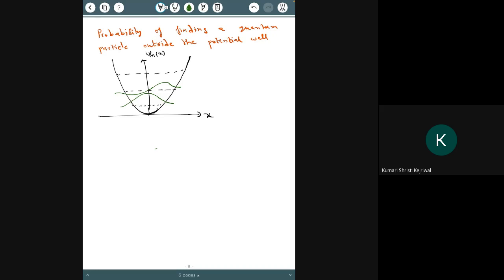But my potential well does not, for each energy level, it has some sort of limit. But the wave functions go from minus infinity to plus infinity. So it appears that the wave functions spill out of the potential well.